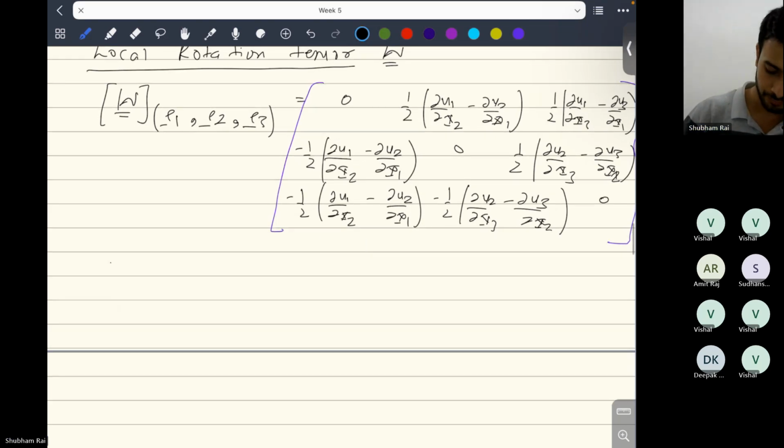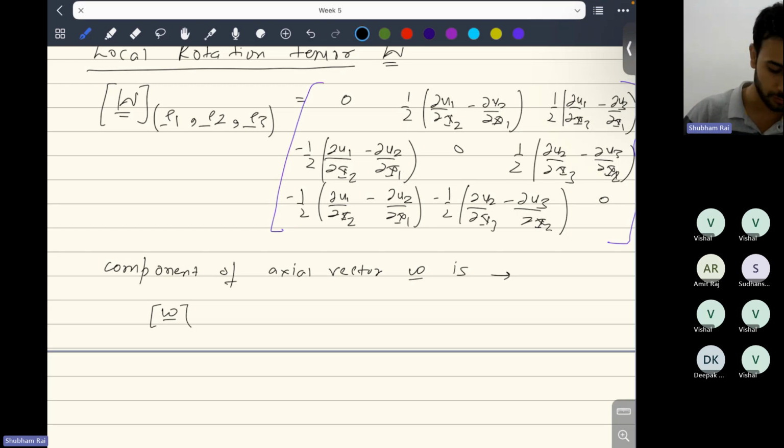The components of the axial vector W, written with one underscore since it is a vector, in the coordinate system e1, e2, e3, are given by the three independent components of the antisymmetric tensor.